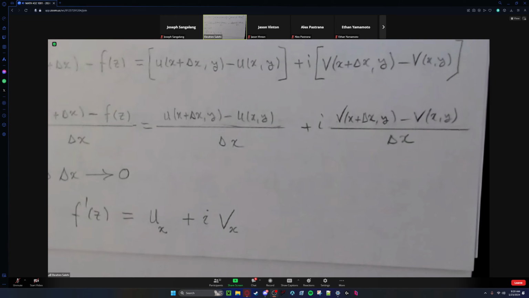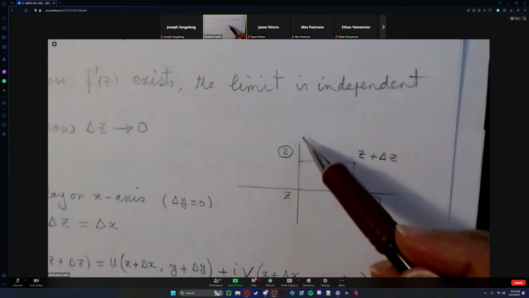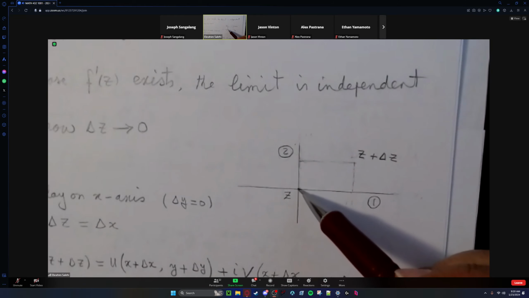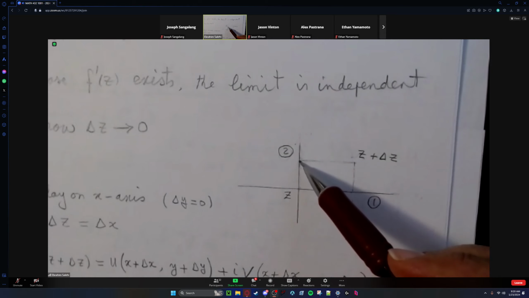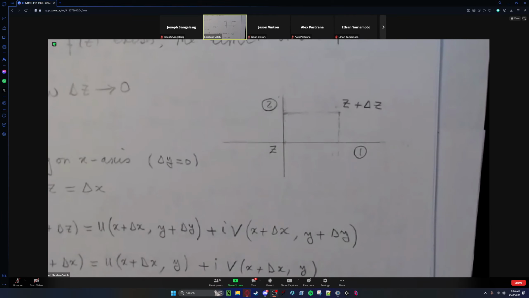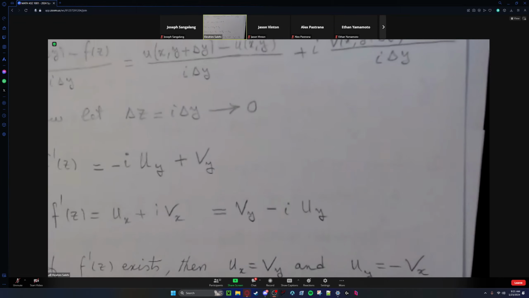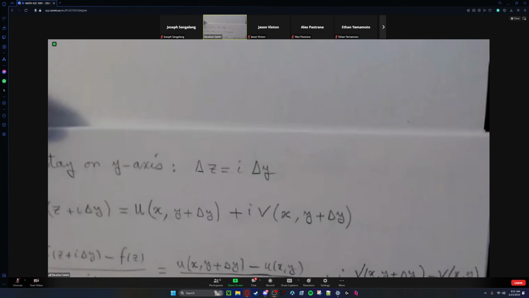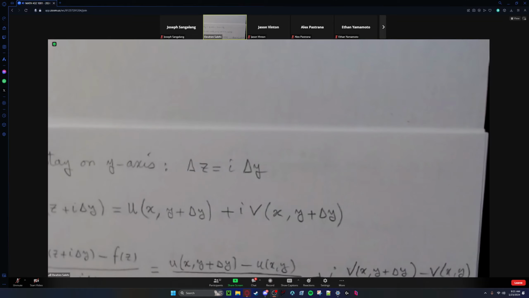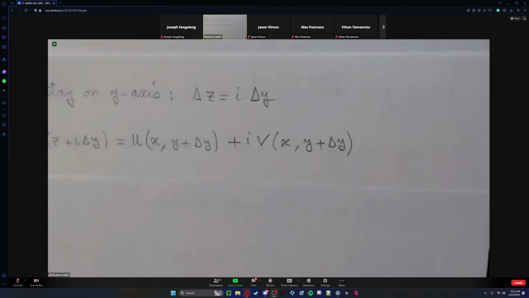All right. Next, I will stay parallel to the y-axis. In this case, delta x will be zero and delta z will be i delta y, okay? So here is the second part. Stay parallel to the y-axis and form that fraction.